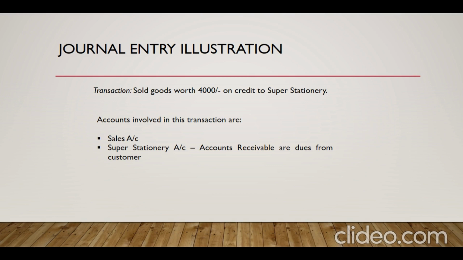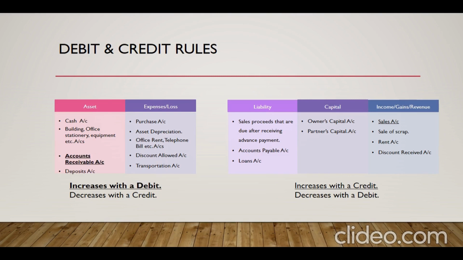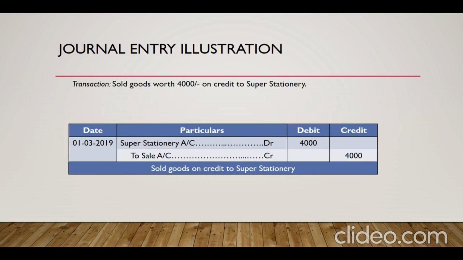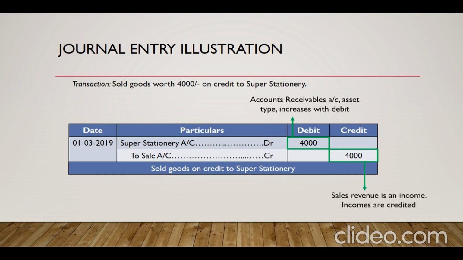Accounts receivable, like dues from customers, are assets to the business, and we know that assets increase with a debit and revenues like sales increase with a credit, and accordingly we pass the journal entry as follows. We debited the buyer's account and credited the sales account. When we debit the accounts receivable account, we debit in the name of the buyer so that the due amount can be associated with the buyer.